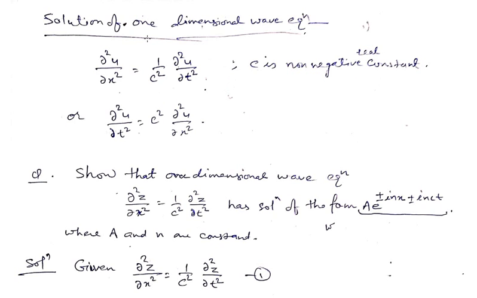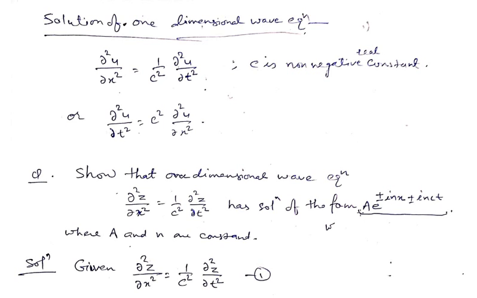Or we can rewrite this equation as ∂²u/∂t² = c² ∂²u/∂x². Now let's look at some problems based on this equation. The first problem says: show that the one-dimensional wave equation ∂²z/∂x² = (1/c²) ∂²z/∂t² has a solution of the form A e^(±inx ± inct).